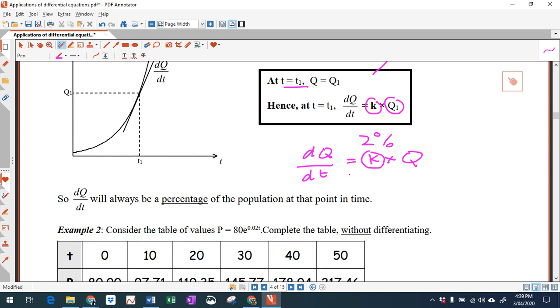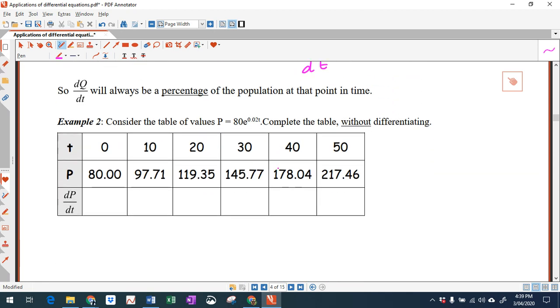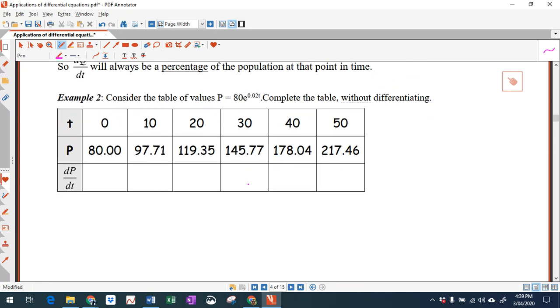So let's have a look at this from a table of values perspective. Here's an exponential equation, P equals 80e^(0.02t). Without doing any derivatives, we can calculate what the derivative will be at a particular moment in time. At t equals 0, we can see that the growth constant k equals 0.02.